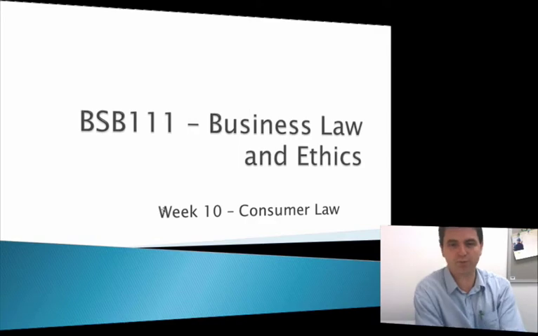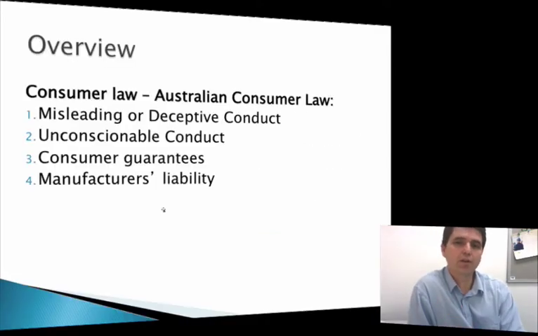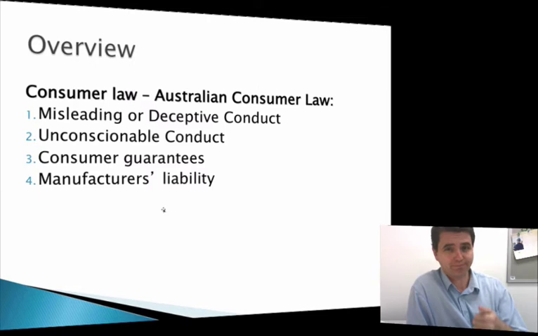Australian consumer law. There are 4 key areas that we're dealing with consumer law. This little podcast will give us an introduction to those 4 areas, but then we're going to look at misleading and deceptive conduct. We're going to look at unconscionable conduct, and you'll know we've run across that before as part of consent, but this is the legislation surrounding unconscionable conduct, particularly those involved in consumer transactions.